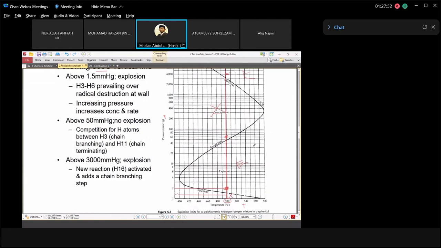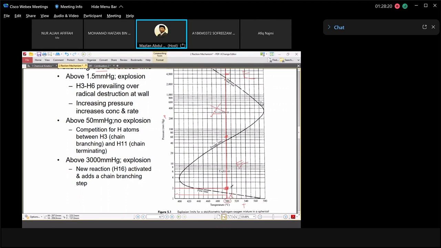Meaning, if you deal with a tank container, let's say you work in industry, in the tank there is fuel, and air is always available, maybe inside, maybe outside. If you deal with temperature inside the tank for hydrogen oxygen mixtures, you have to be careful.